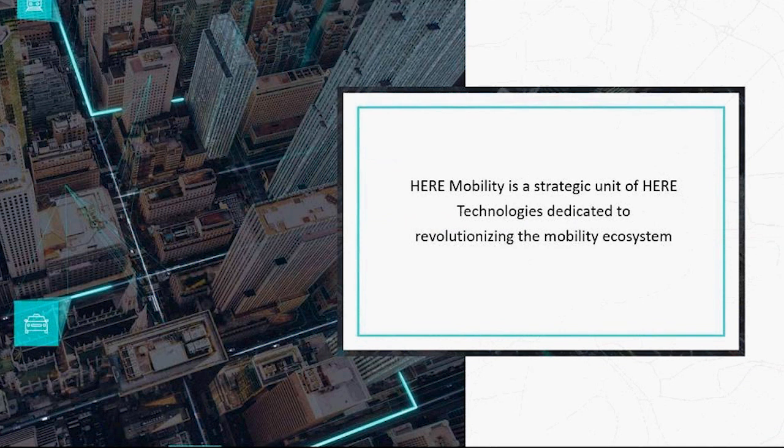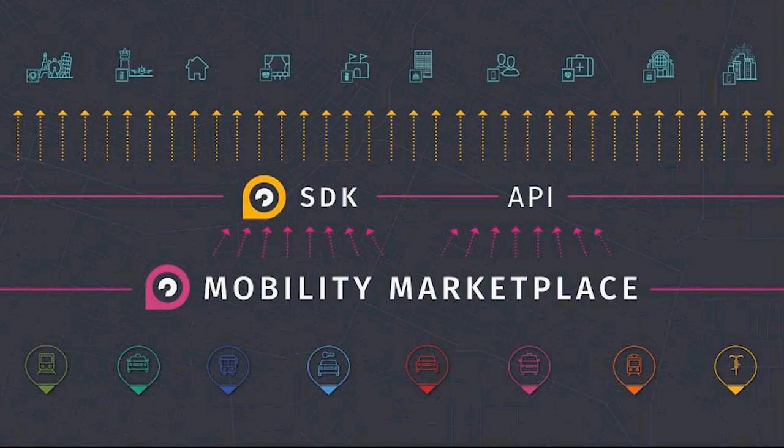Before I dive into the SDK, I want to give you a little bit of background about who we are. HERE Mobility is a strategic unit of HERE Technologies, dedicated to revolutionizing the mobility ecosystem. The way that we do this is through our cornerstone product, the Mobility Marketplace. The HERE Mobility Marketplace is a one-stop shop that aggregates all transportation services in real time, bringing together mobility providers and mobility consumers to create holistic, door-to-door consumer experiences.